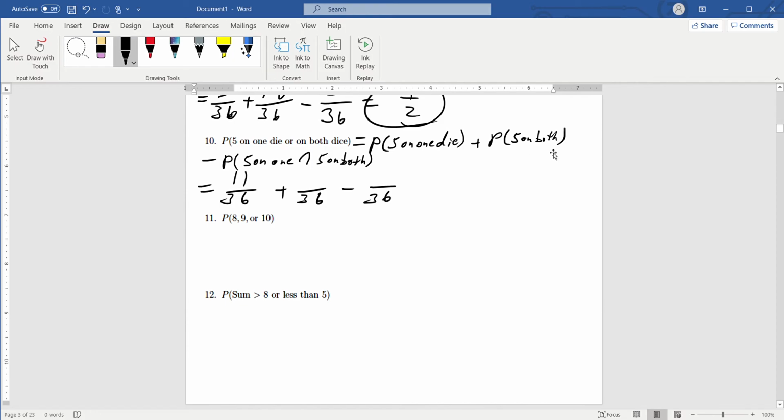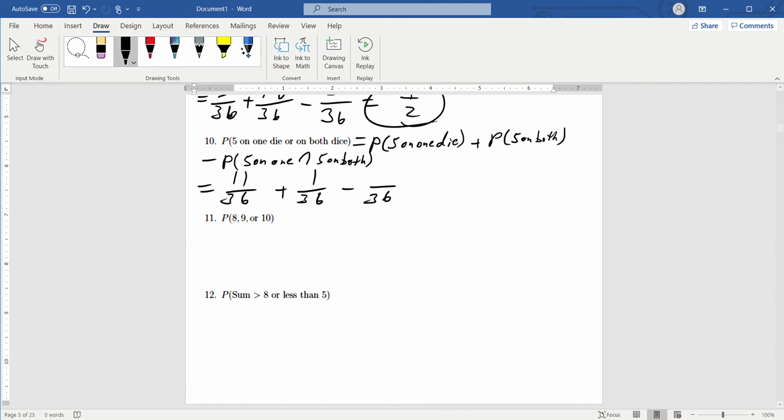Now I need 5 on both. Out of 36 outcomes, that only happens one time. Now what I need is a die that has a 5 on one of these and a 5 on both. Okay.